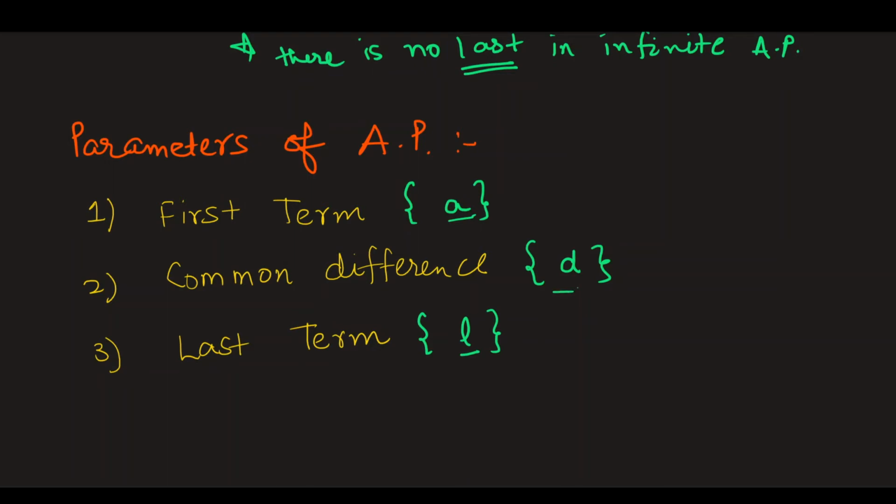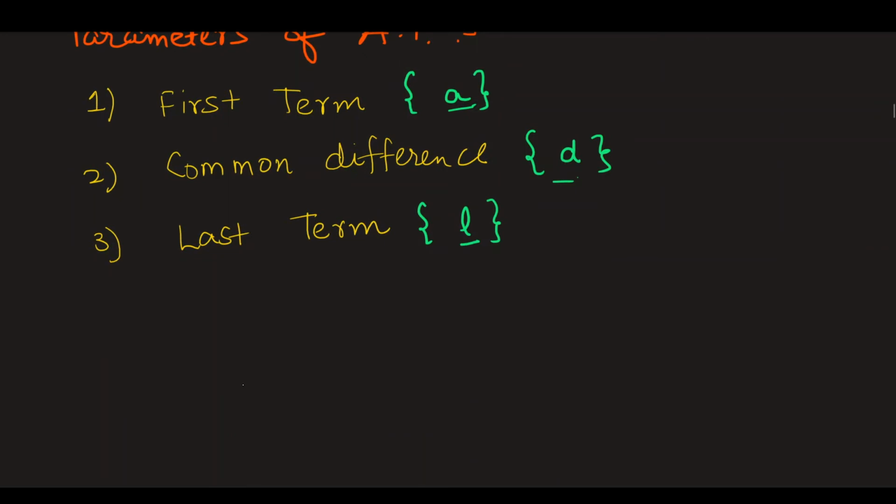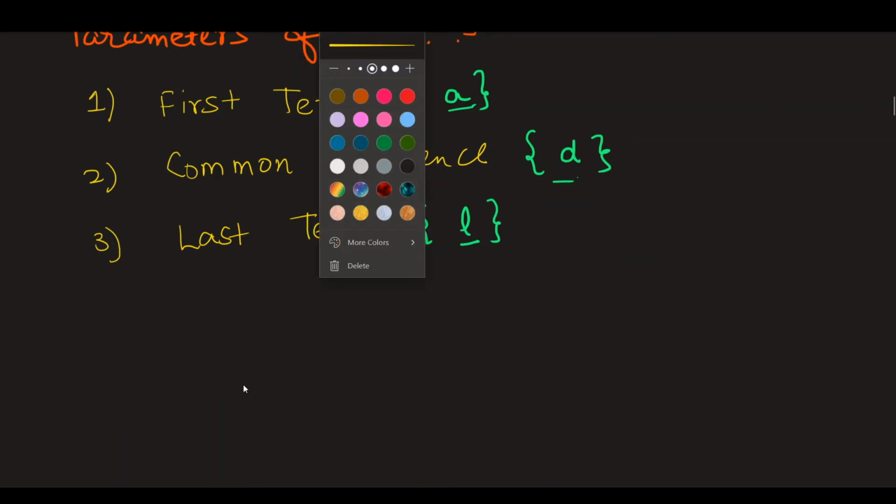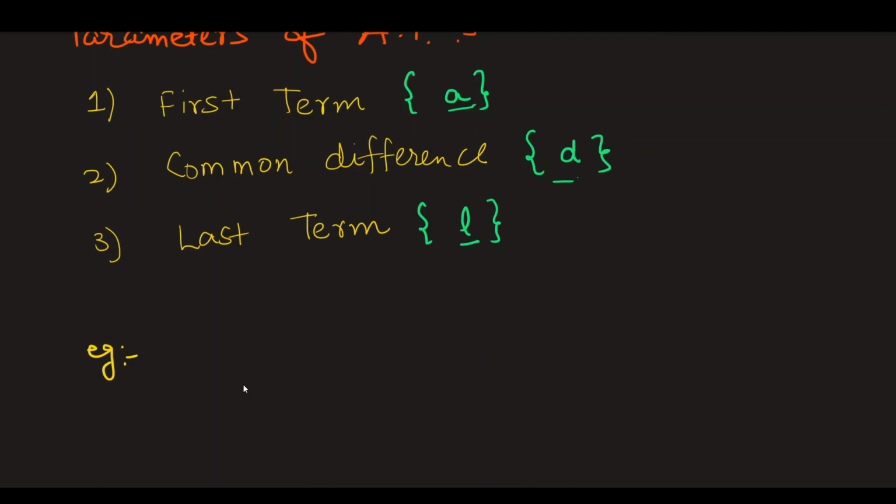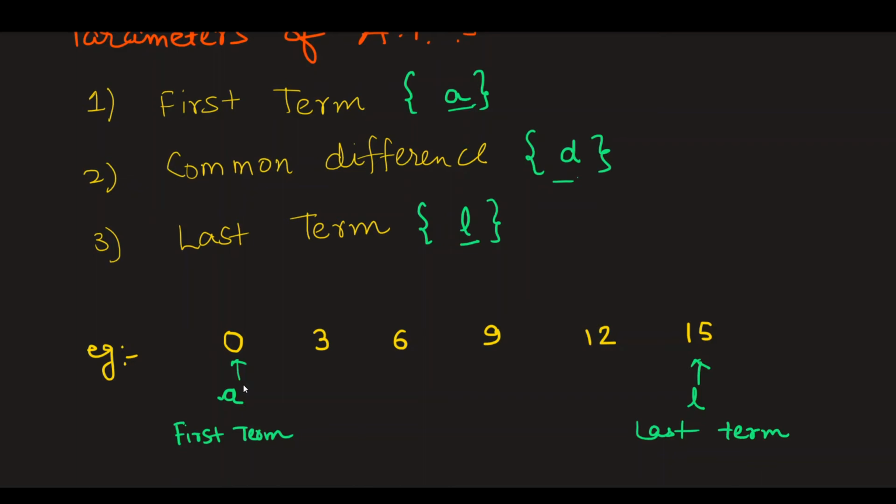Okay, so for example, if the sequence is 0, 3, 6, 9, then 12, then 15. So what are its parameters? This is the a, that is first term, this is the last term, small l, and this is an AP.